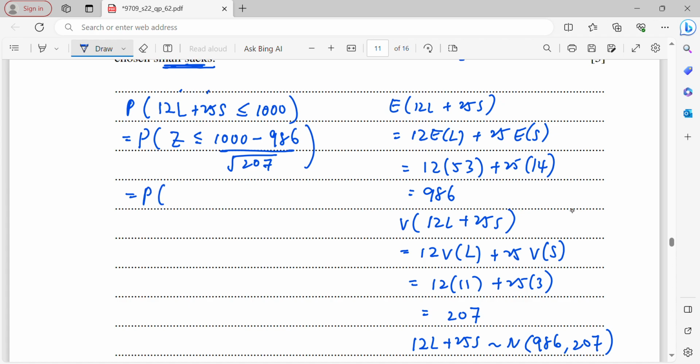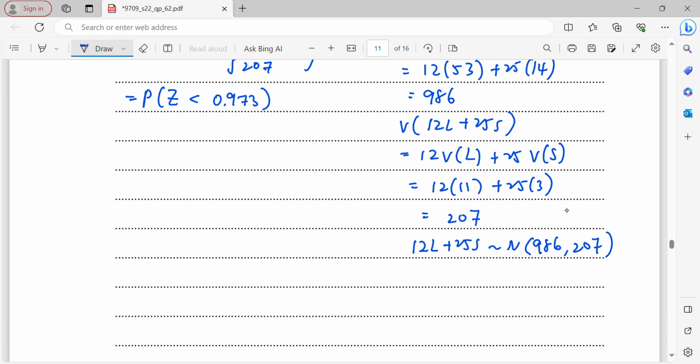So it is the same as P Z less than. Okay, I can just ignore the equal sign in the previous calculation, because for a continuous random variable, equal or not equal doesn't matter. So when you calculate the value, you will get 0.973. Okay, and again, now I need to sketch a graph because of less than.